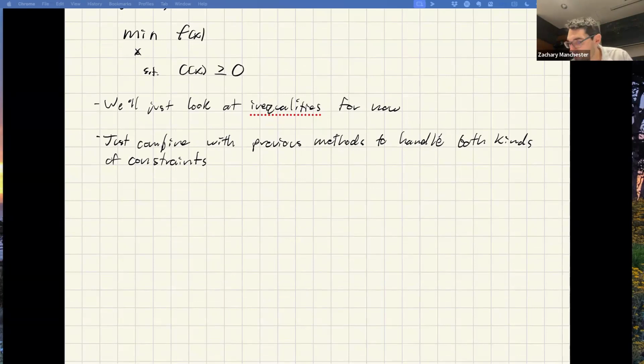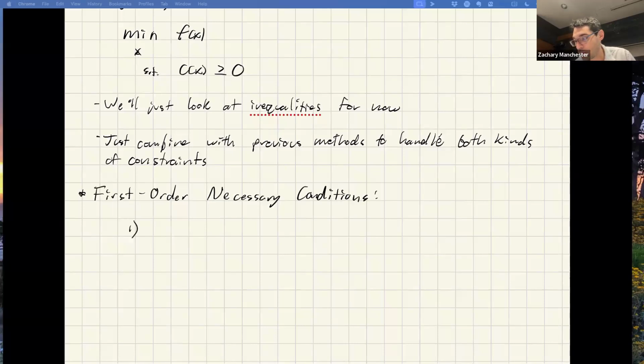Okay, so let's do this. So the basic message is the first order necessary conditions here. Again, there's some math gymnastics that we're going to have to go through, similar to before, a little bit more complicated. But the intuitive statement in words is exactly the same. So number one is we need the gradient of the objective to equal 0 in the free directions.